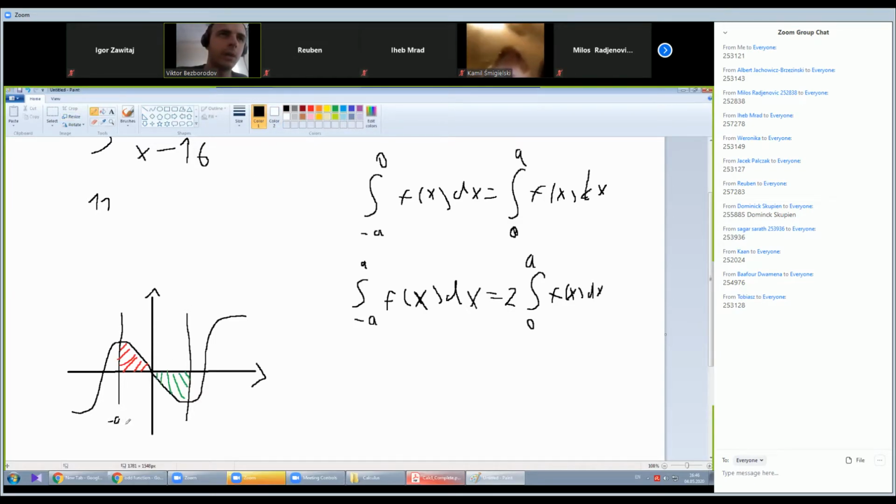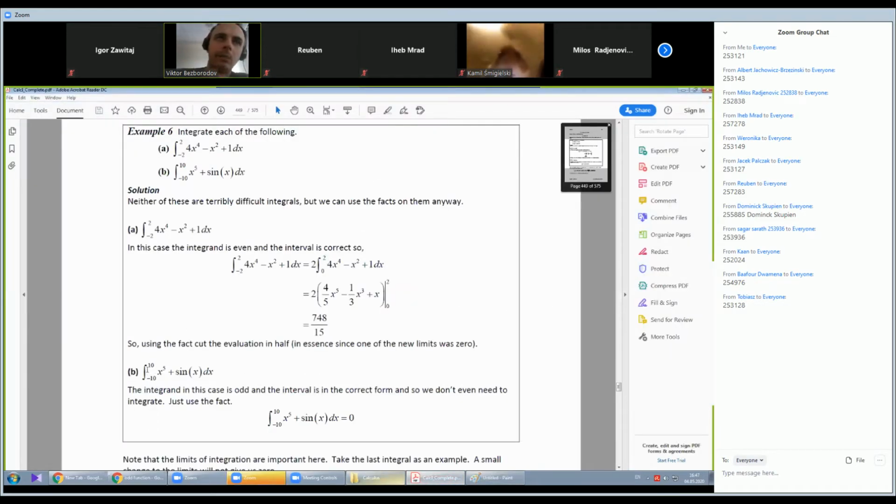So this is minus A, this is A. So the area of the red figure is the same as the area of the green figure because they're symmetric. But of course, they come with different signs. So hence, for odd f, the integral of f(x) dx from -A to A is 0, right? And that's it. So in this example here, it's just 0.